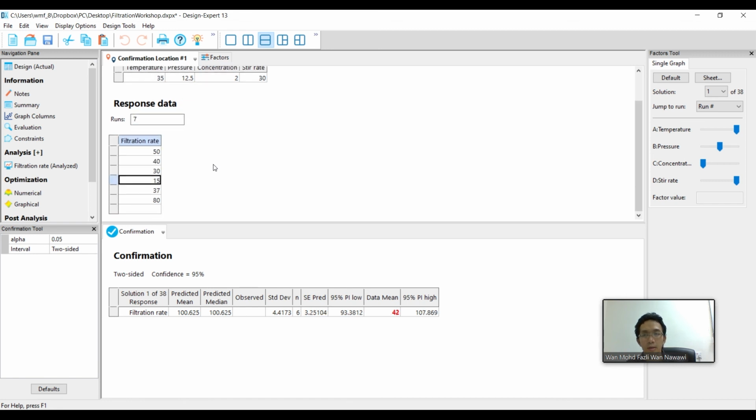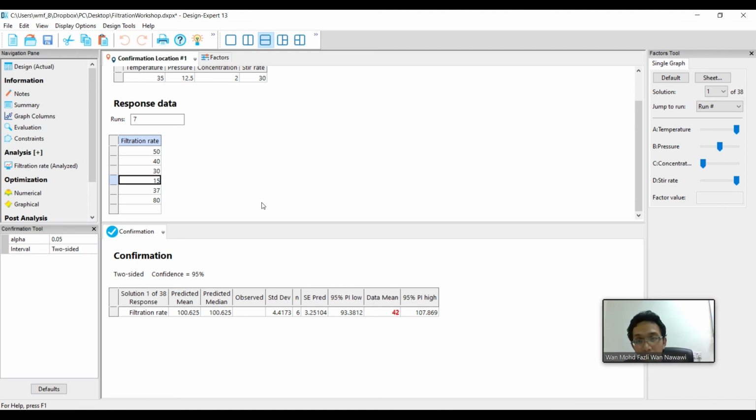Okay. So here, you can see the confirmation table below gives you the rate. Meaning that it takes the mean. The rate is not good, meaning that whatever you do doesn't confirm the predicted model. So something is wrong with the model. The model said that if you do this solution, you get a relatively high filtration rate.